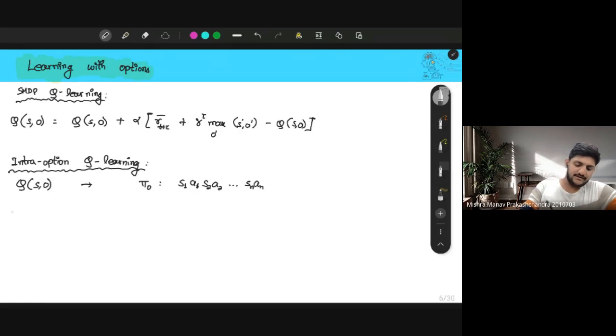So we can do something like Q of S1 comma A1. I just update the state action pair S1 A1. In state S1, I take action A1.